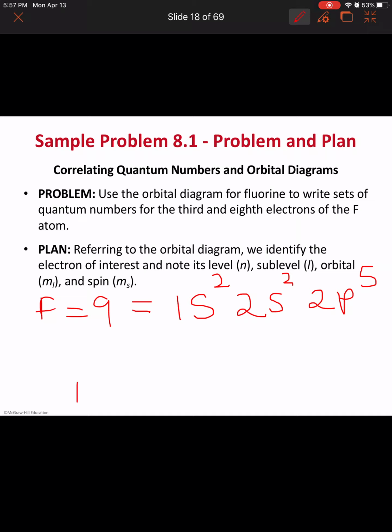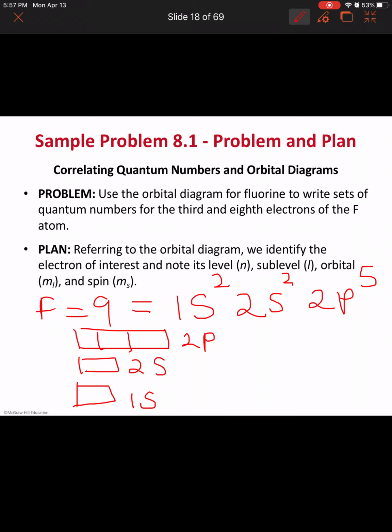Now if you draw the orbital diagram, this is your 1s orbital, and then this is your 2s orbital, and then this is the 2p orbital, 1, 2. There are 3 p orbitals possible, and now we're going to fill this orbital diagram with electrons.